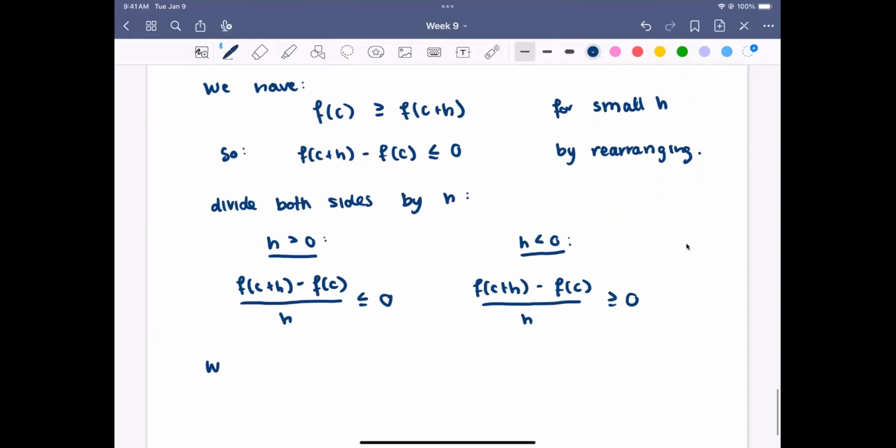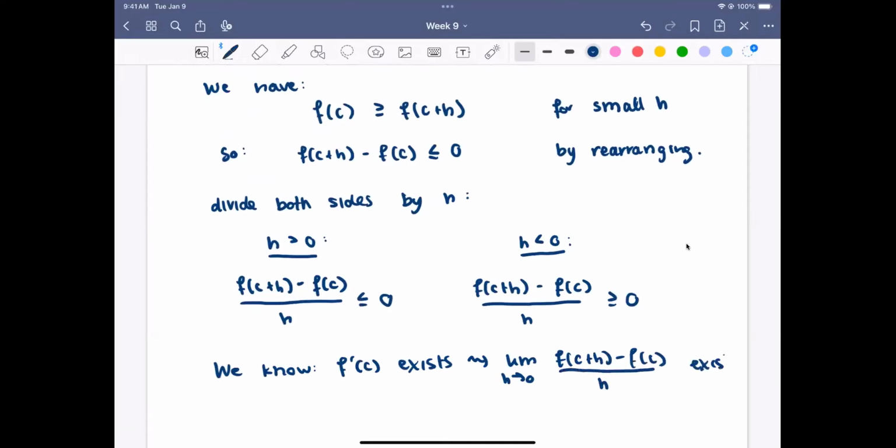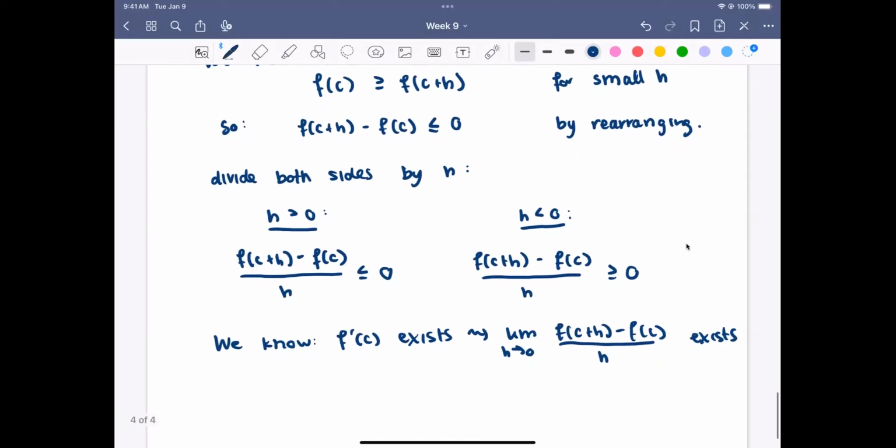So we know that f prime of c exists, which means that the limit as h approaches 0 of this thing exists. So here's what we get when we look at those two limits.